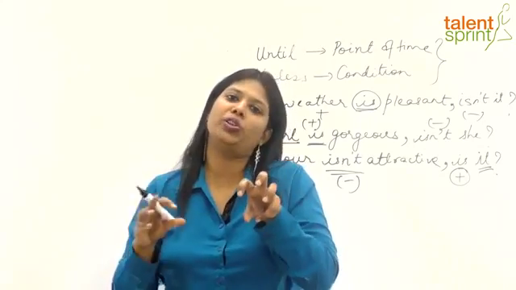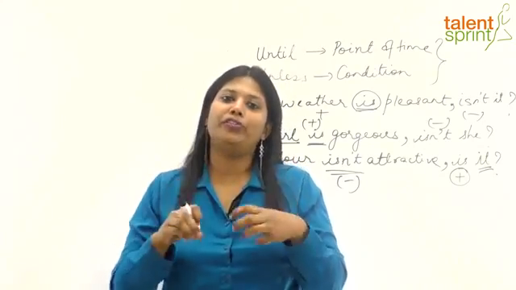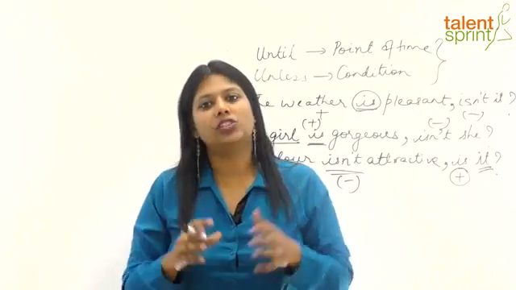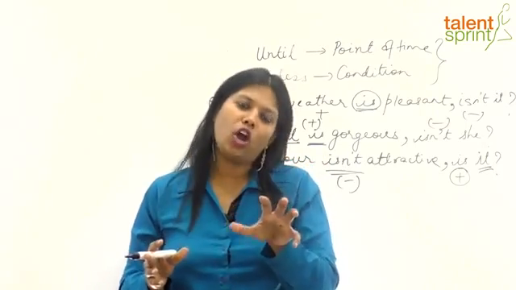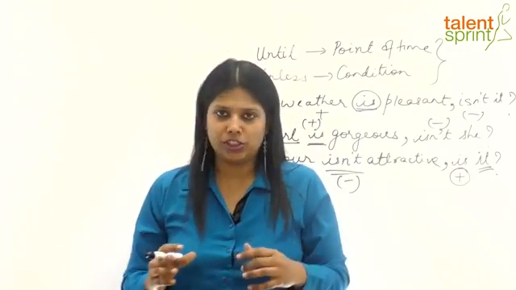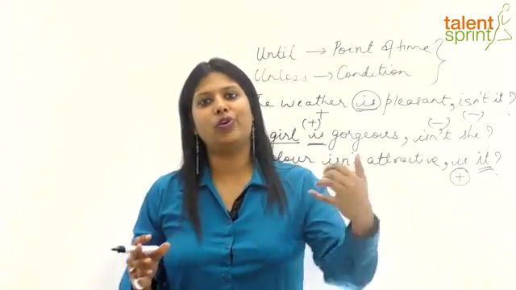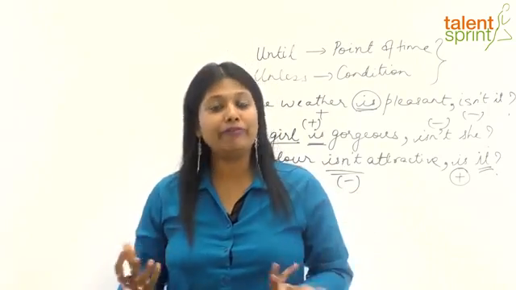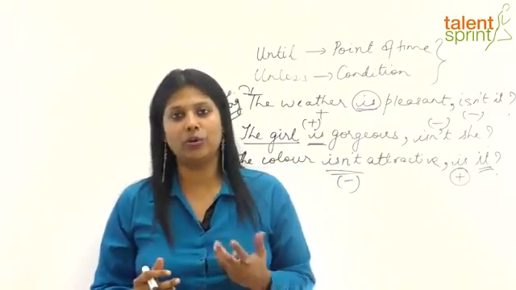So basically it shows urgency up to a particular point of time. It's a collocative usage which coexists. But more often than not, you must remember, unless represents a condition and until represents a point of time. It's also used to emphasize more emphatically.